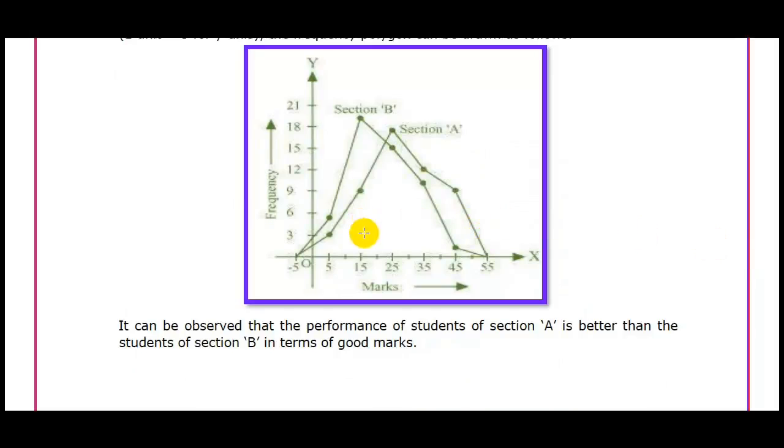So on a graph paper, make the x-axis as the marks, that is the class interval, and y-axis as the frequency. So on a graph paper, if you plot those points, you will get the frequency polygon like this. You will get a frequency polygon like this for section A and for section B. So plotting these points, you will get the frequency polygon as shown in this figure.